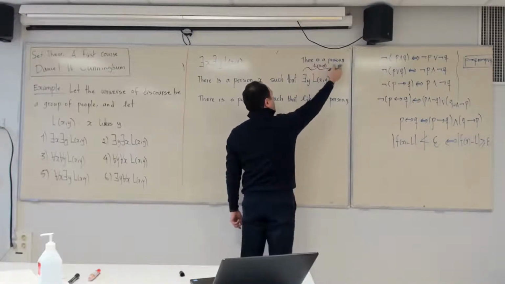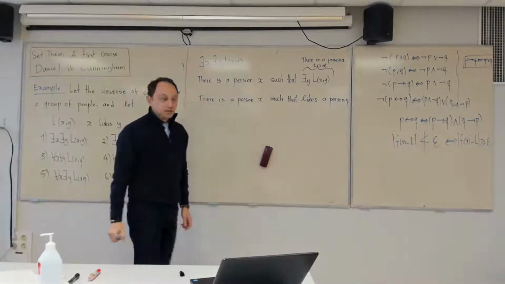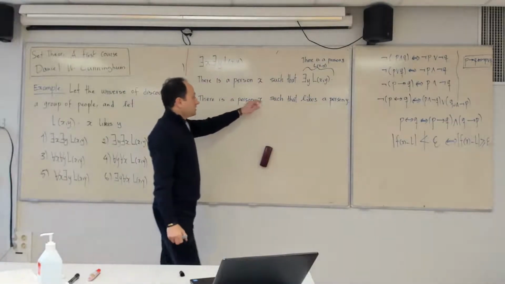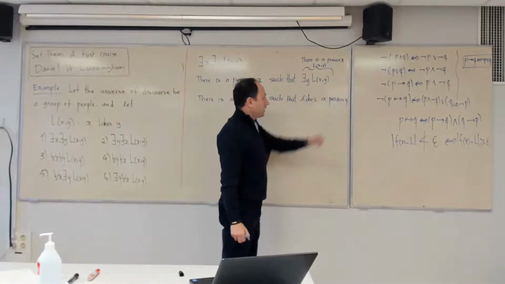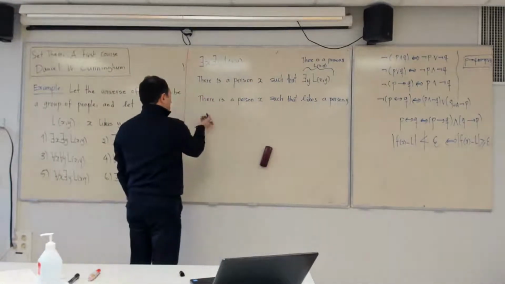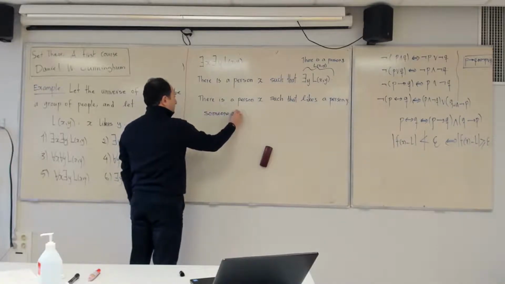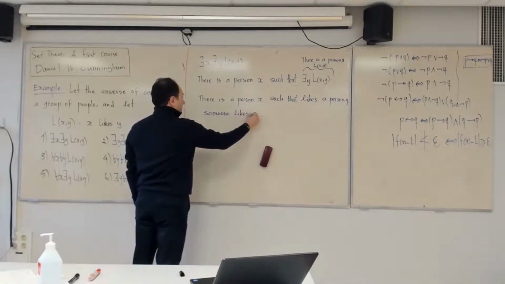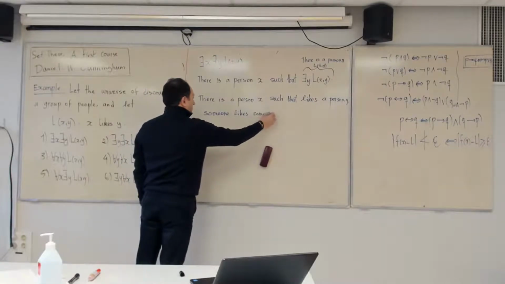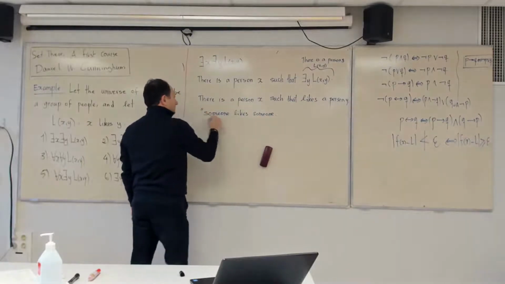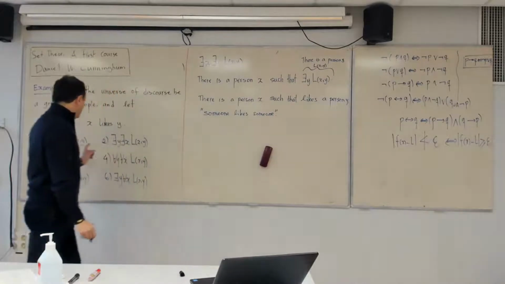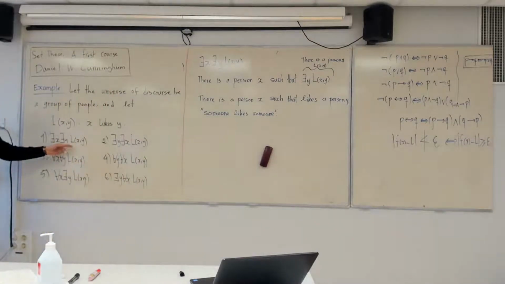So there is a person Y so that X likes Y. So there is a person X such that X likes a person Y. So this can be summarized to say someone likes someone. Yes? So this sentence in mathematics means someone likes someone.